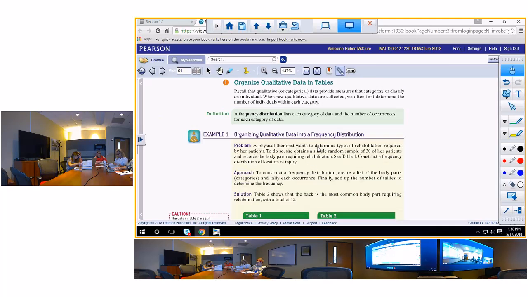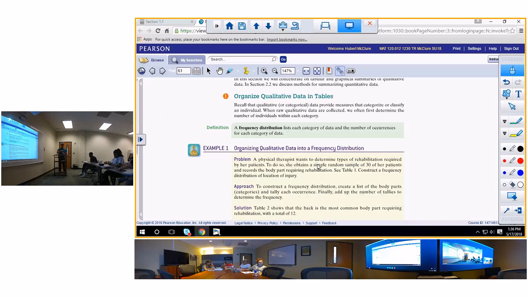A frequency distribution. What the heck is a frequency distribution? A frequency distribution is a 25-cent word for a table.